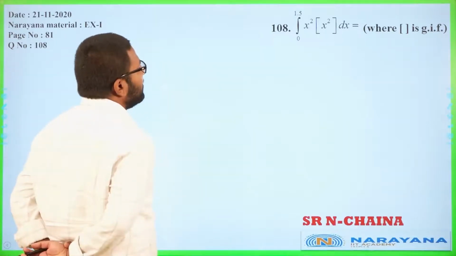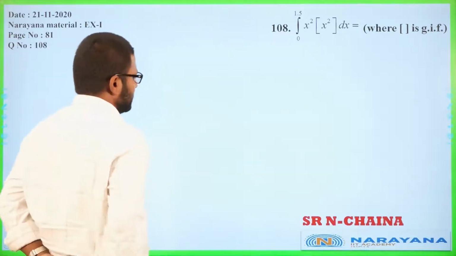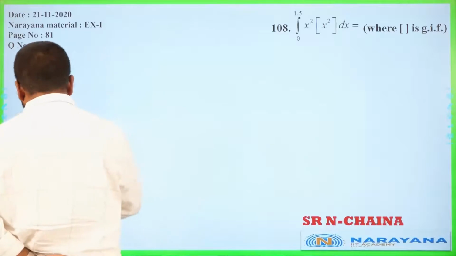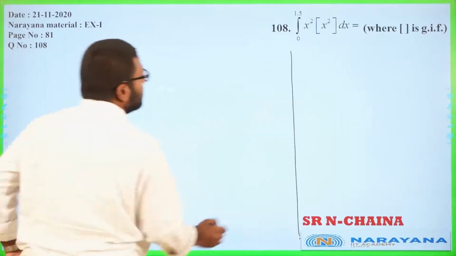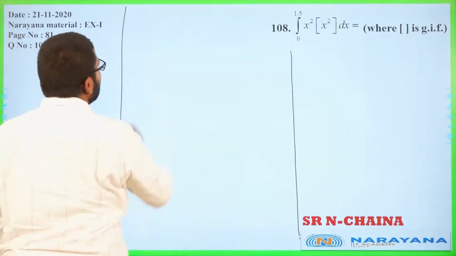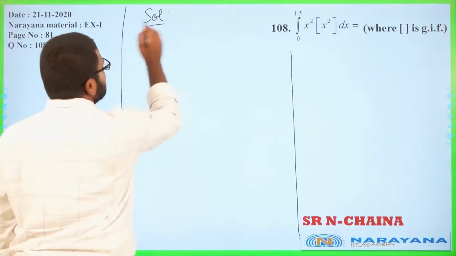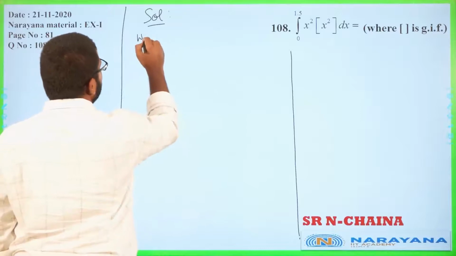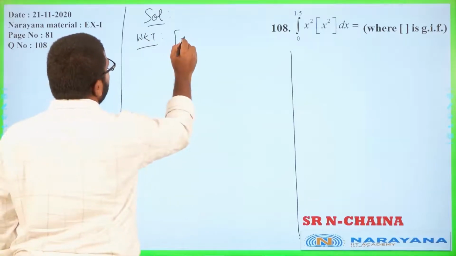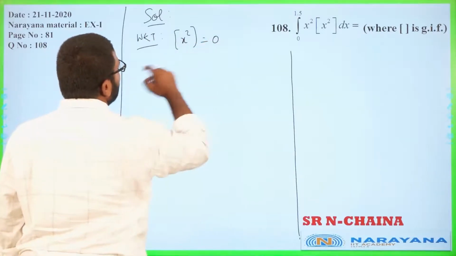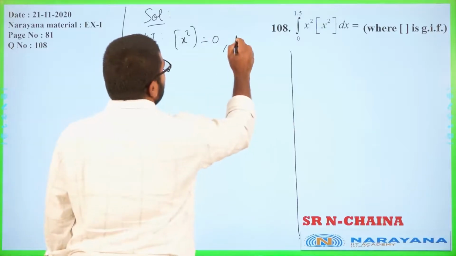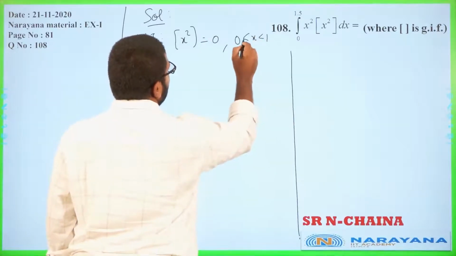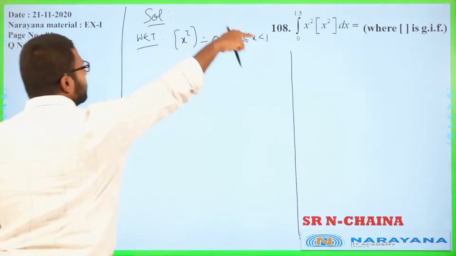Integral 0 to 1.5 x square step of x square dx. Okay. So once again we need to ask where will step of x square change its value, right? So we know that step of x square equal to 0 when x lies between 0 and 1, 0 included, 1 not included.